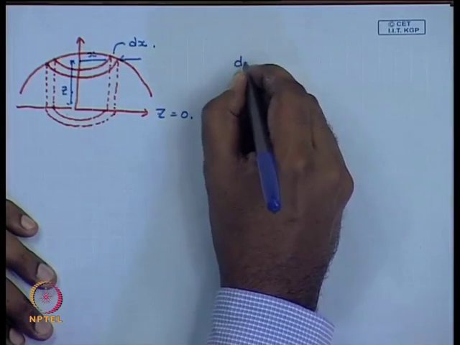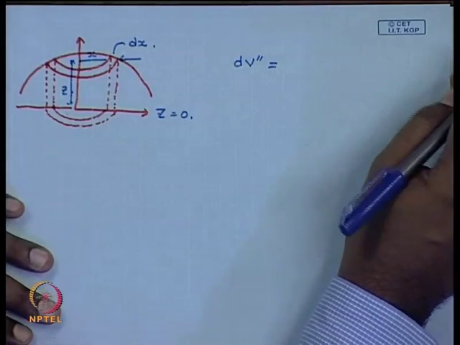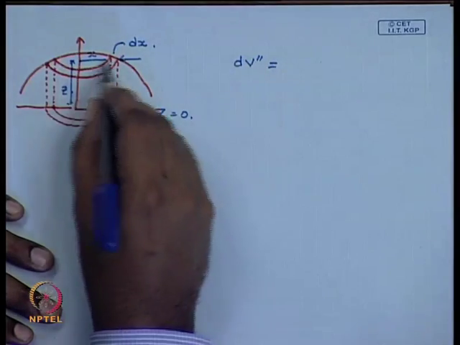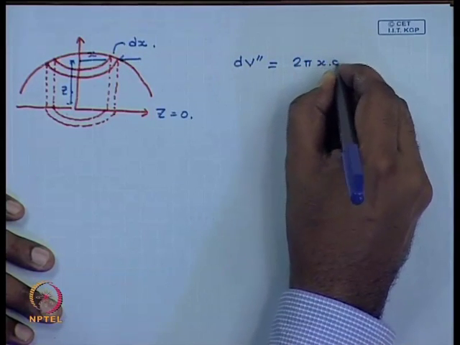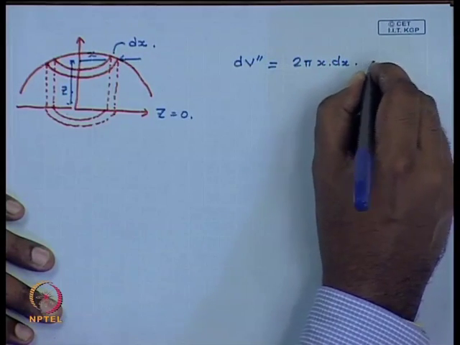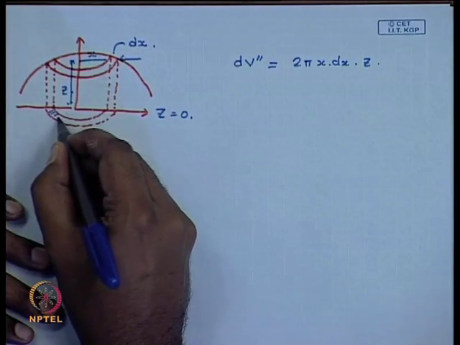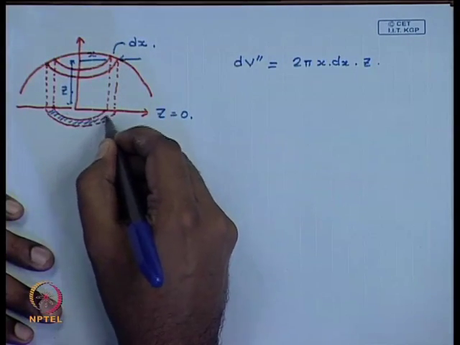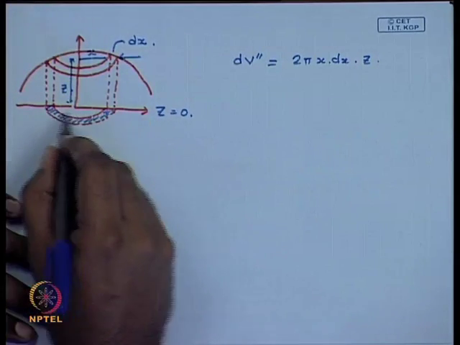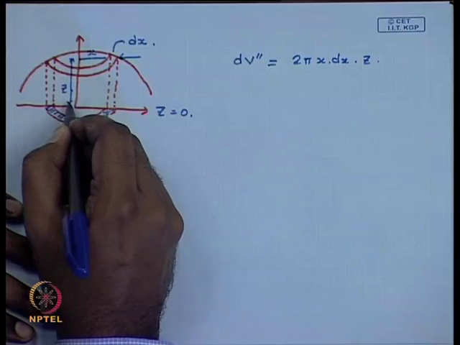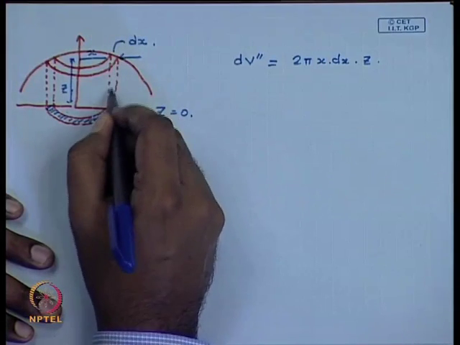Therefore, your dV double dash, V double dash being the volume of this particular phase, is essentially 2 pi x into dx into z. 2 pi x into dx gives the area of this particular strip, and then you multiply it with the height at that particular area, z. So, you get this volume.